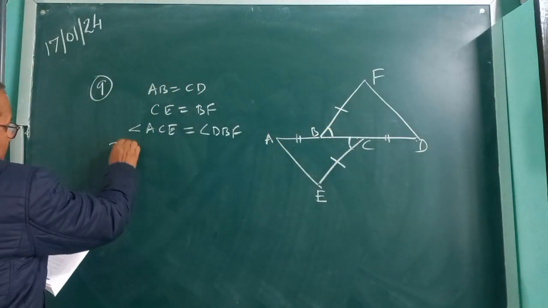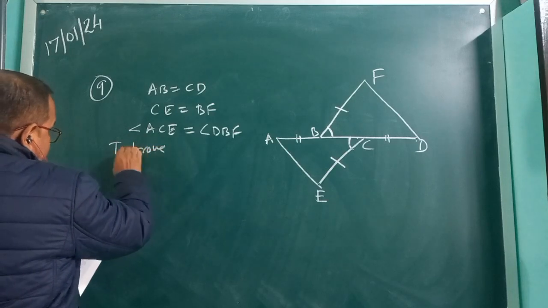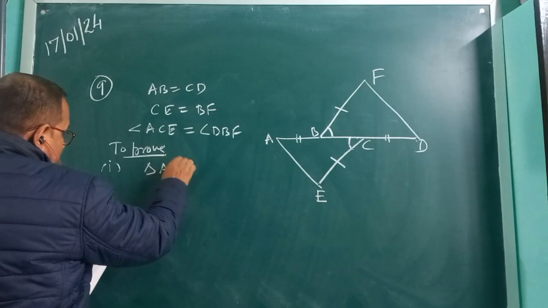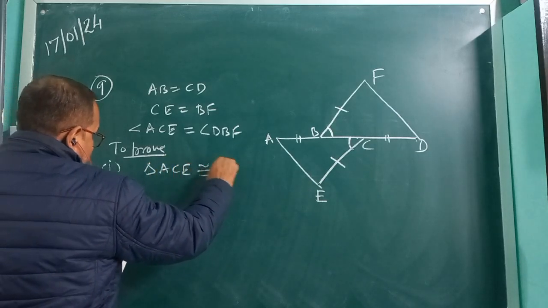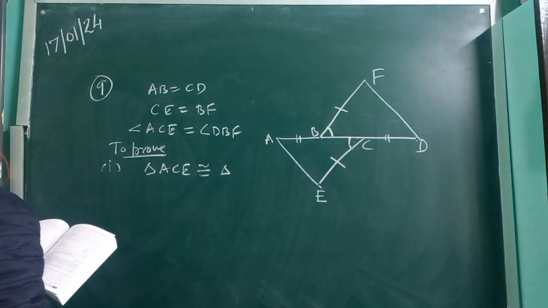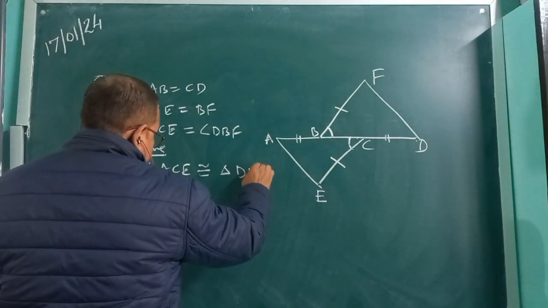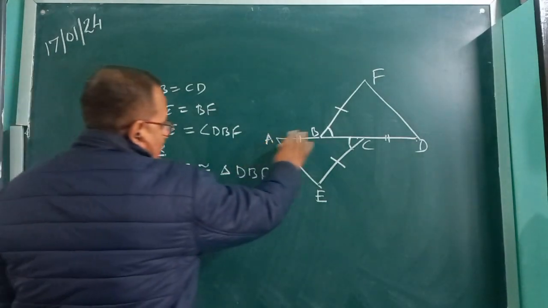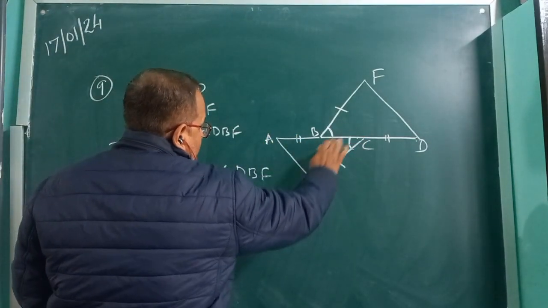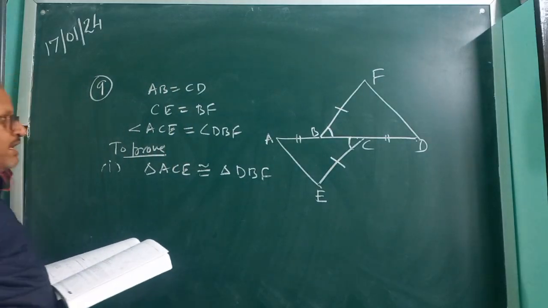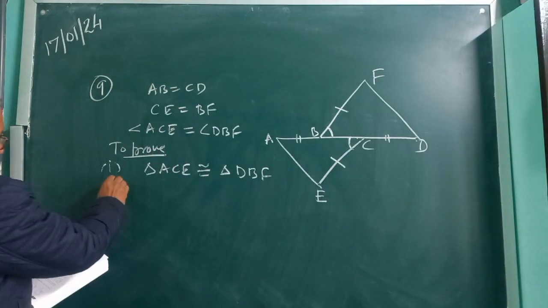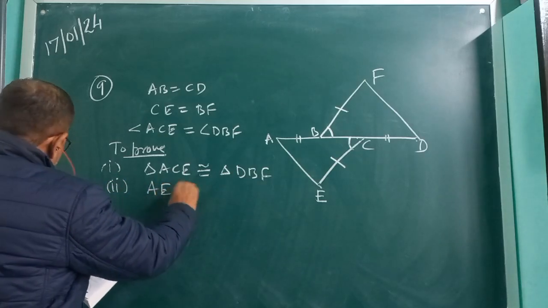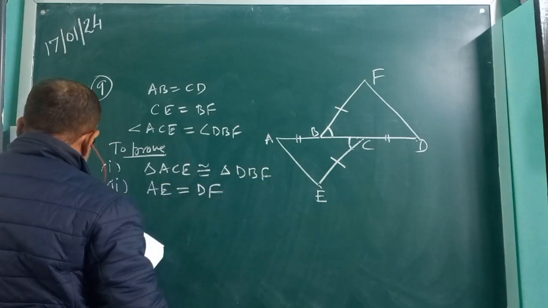So we have to prove first part: triangle ACE congruent triangle DBF. We have to prove these two triangles congruent, the lower triangle and upper triangle. And second part, AE is equal to DF.